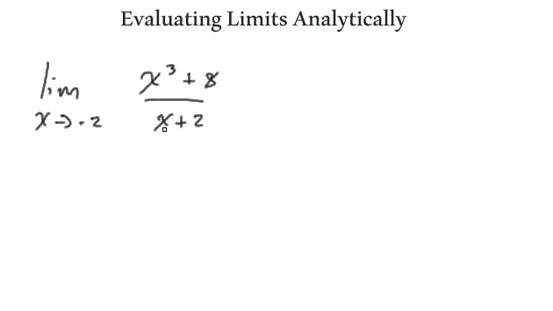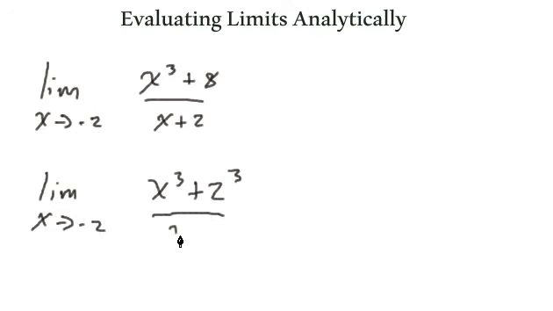Plugging negative 2 into the denominator, we end up with 0. So we get 0 over 0, which means that we might want to try to factor and cancel some terms out here. And this happens to be the sum of 2 cubes. So let me just rewrite this as the limit as x approaches negative 2 of x cubed plus 2 cubed over x plus 2.